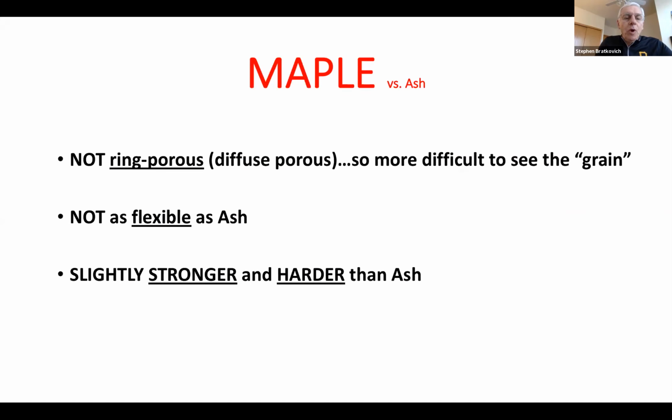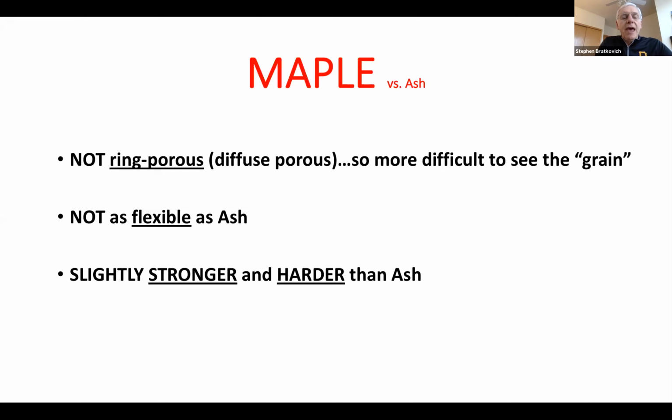Now, I'm just one slide here on maple versus ash. I said before, maple is not ring porous, and the next slide is going to show that. It's diffuse porous, so it's more difficult to see the grain of the wood, and this was very important.